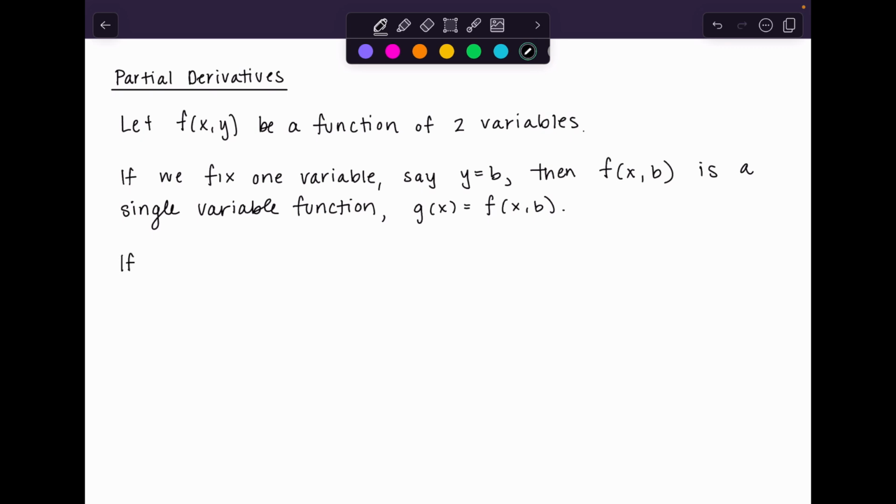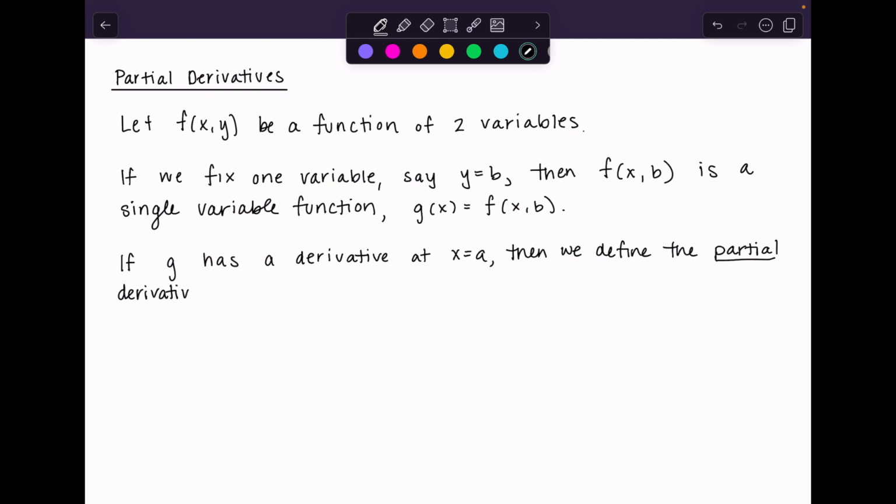But ultimately, if g has a derivative, this single variable function, at say x equals a, then we define the partial derivative of f with respect to x at the point (a, b) as follows.